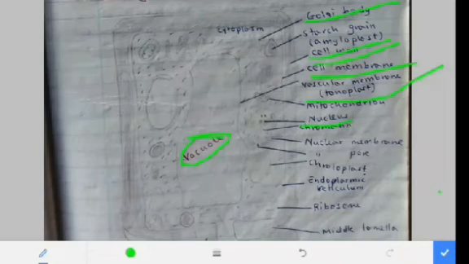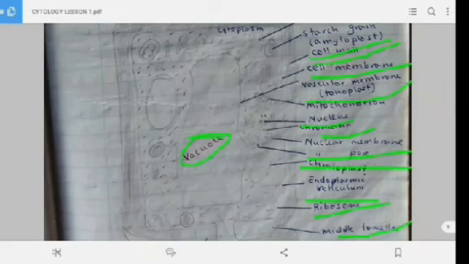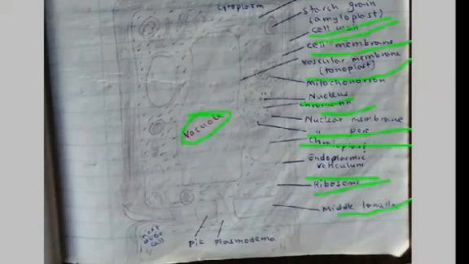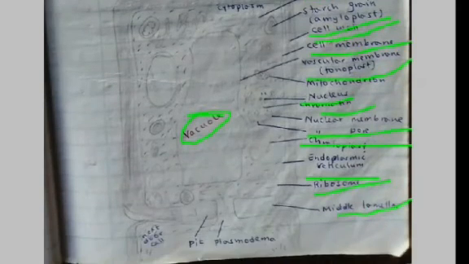We have the nucleus, the chromatin, the nuclear membrane, the chloroplast, the endoplasmic reticulum, the ribosome, the middle lamella. So those are some of the parts of the ultrastructure of a plant cell. That's how it is drawn very well.